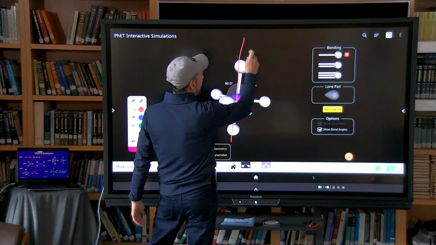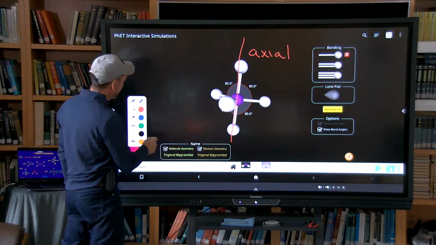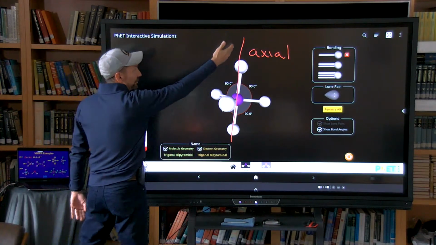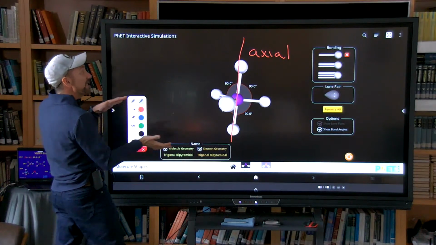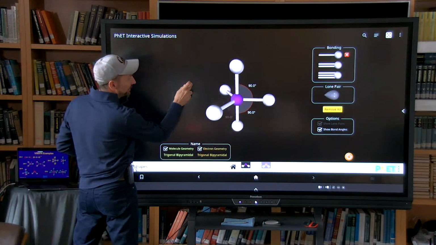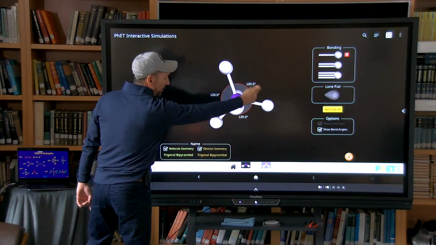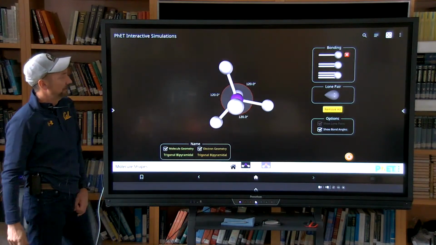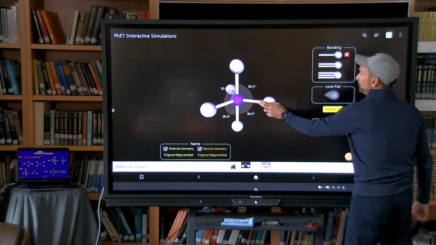This is an axial position, and we have equatorial positions. So you're on the axis, 90-degree bond angles, or you're on the equator, the equatorial bond angles. So if I shift this here, these are the equatorial bond angles. We give those two designations to keep that straight.